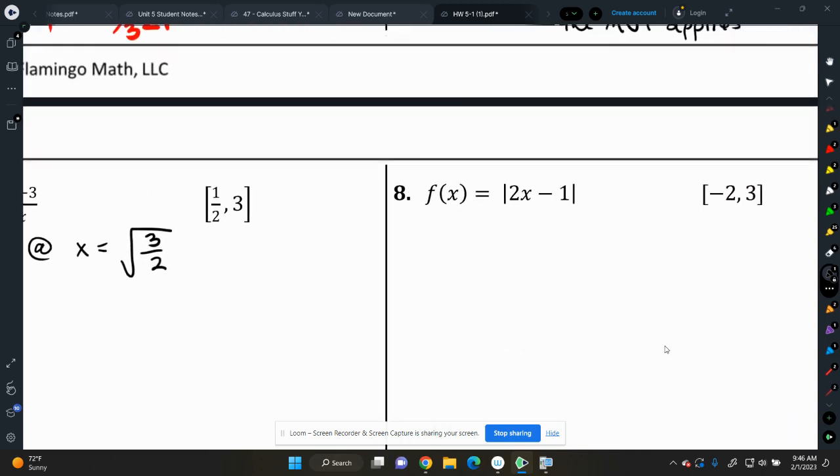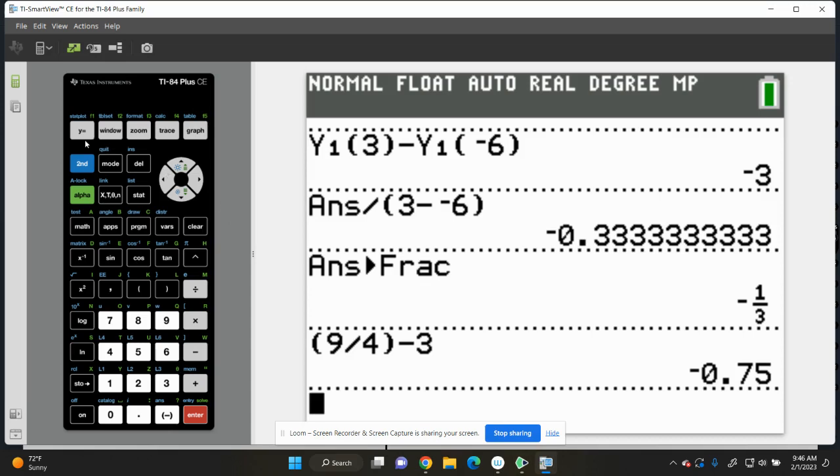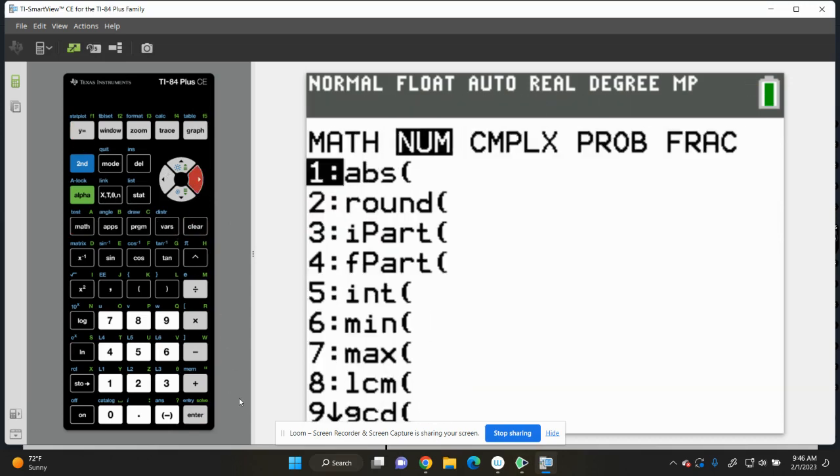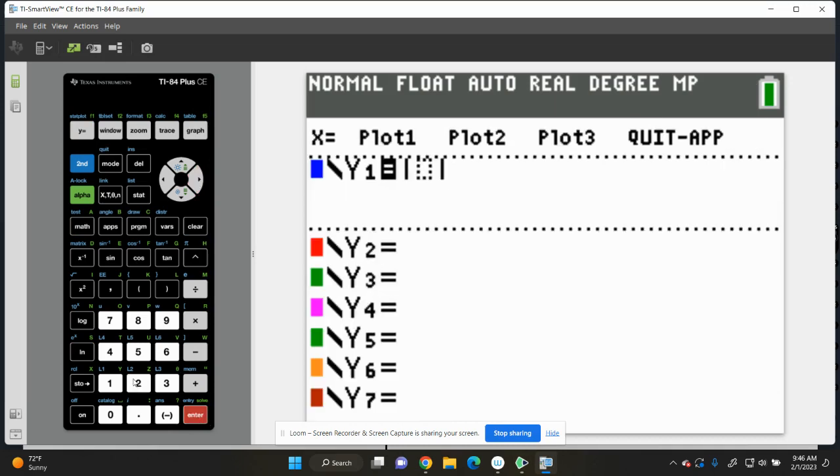This is an absolute value function, which means it's not differentiable everywhere, but be careful. Look at the interval. Don't just assume right away, because it depends on where that absolute value does its thing. In this case, this absolute value moves over to 1/2 where the vertex is, so it's going to be on there. But double check yourself, because we have the absolute value of 2x minus 1.